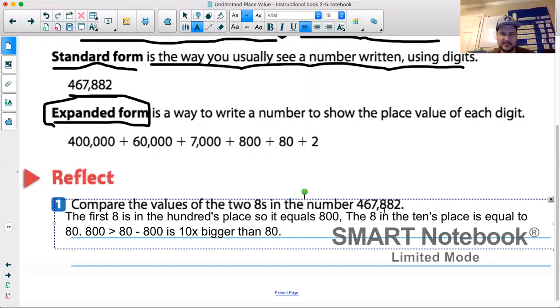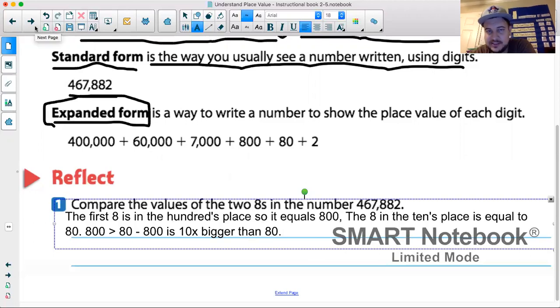If I took both these digits out, there would just be two 8s, and then you would say they're equal. But since this 8 is in the hundreds place, it is 10 times bigger than the 8 in the tens place. 10 times bigger. Gotta know that.